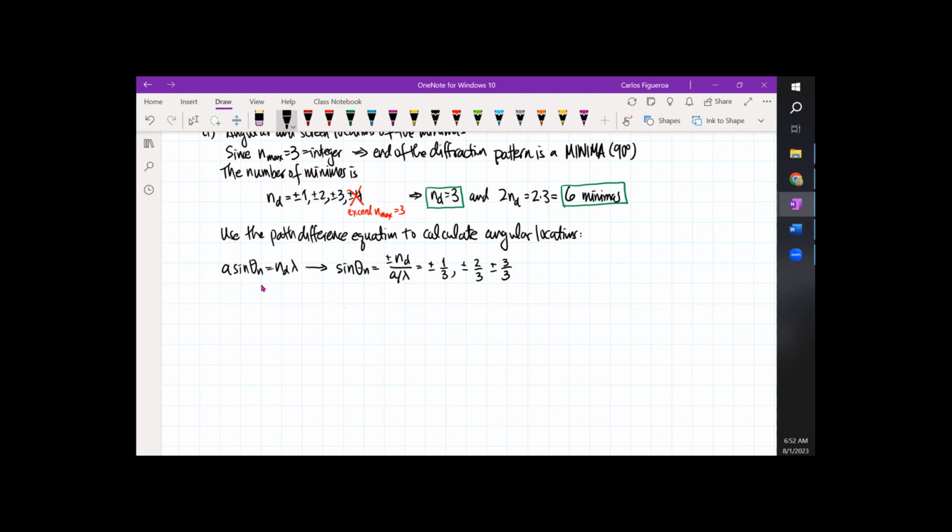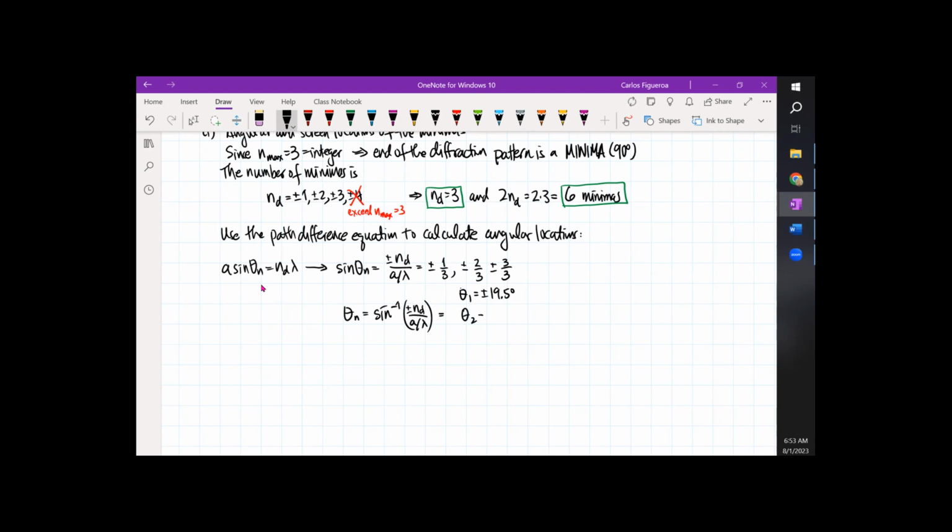So then from here, we see that theta n, when I take the inverse of this, is going to be plus or minus n_d over a over lambda. And then I'm going to get that theta 1 is going to be plus or minus 19.5 degrees.